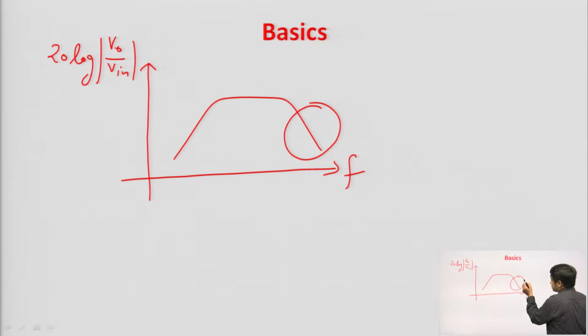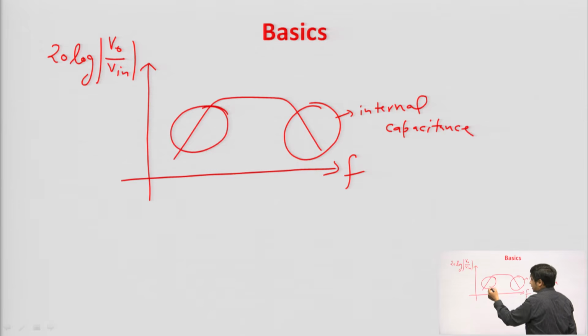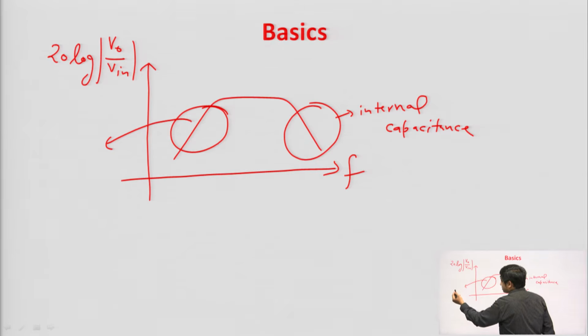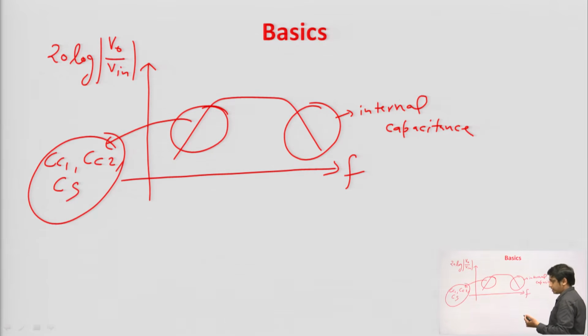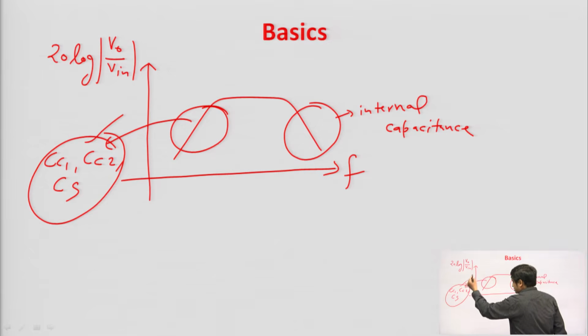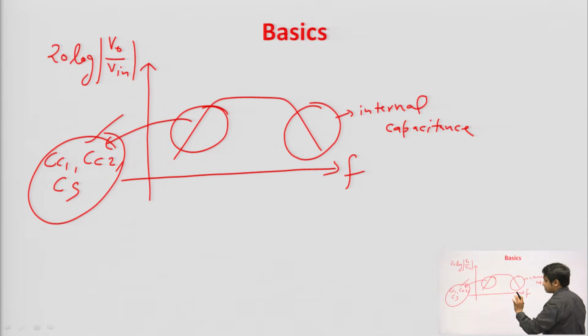We can see that at high frequency the gain is reduced. The gain is reduced due to internal capacitances, which are also called parasitic capacitances. And at low frequency the gain is reduced due to external capacitors, for example, the coupling capacitors CC1, CC2 and the bypass capacitor. Whenever we connect the external capacitors CC1, CC2 and the bypass capacitor, the gain is reduced at low frequency.